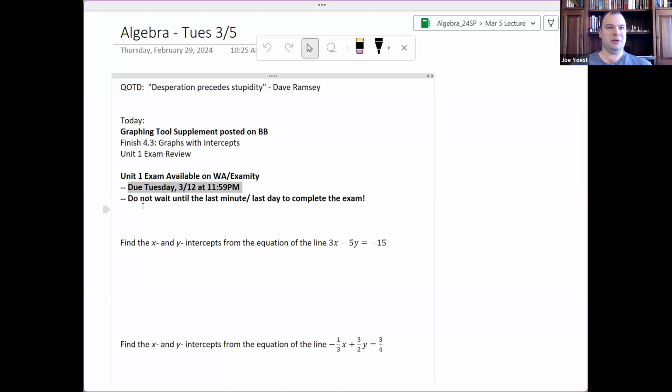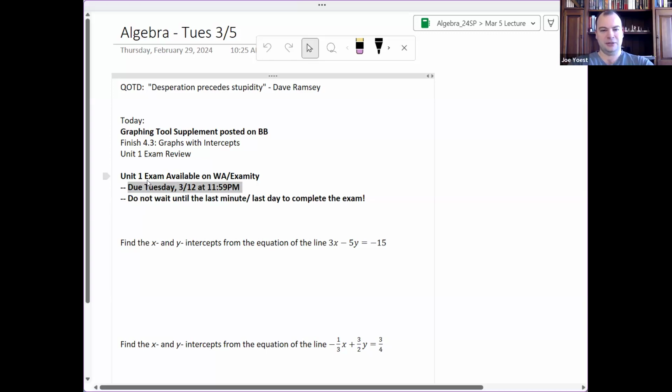Typically it would be something like Monday to Sunday, in line with how our homework works. But having it due on Tuesday, number one, gives you a couple of extra days. And number two, puts the due date not on a Sunday, so that if something goes wrong, it's maybe a little easier to troubleshoot.